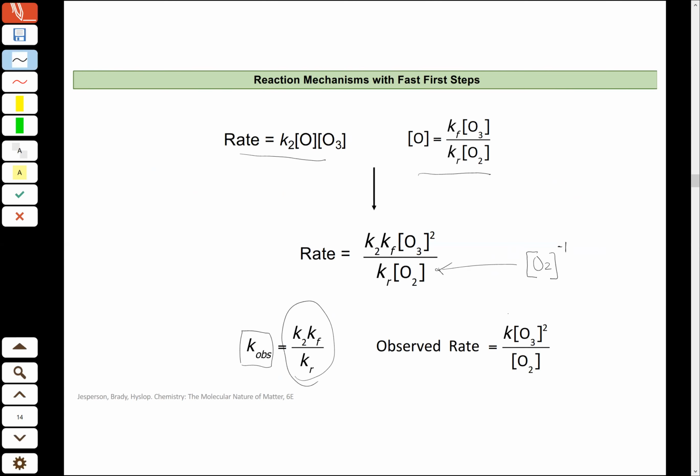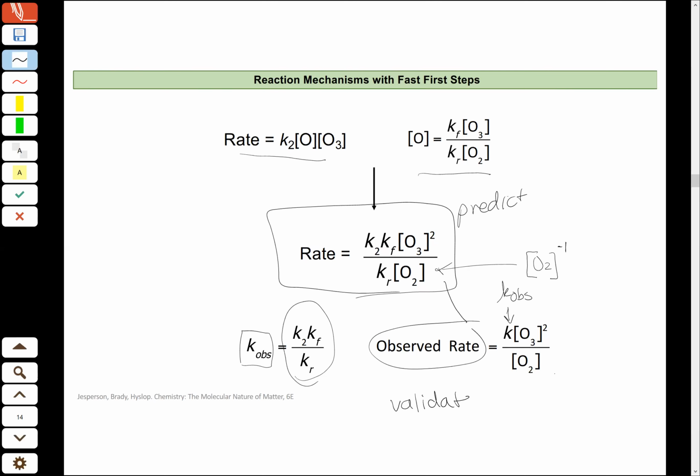So if this right here is K observed, then our observed rate that we are now predicting will be equal to K observed multiplied by ozone to the second order divided by oxygen. And now our rate law that we predicted matches our observed rate law. And so this validates the mechanism experimentally.